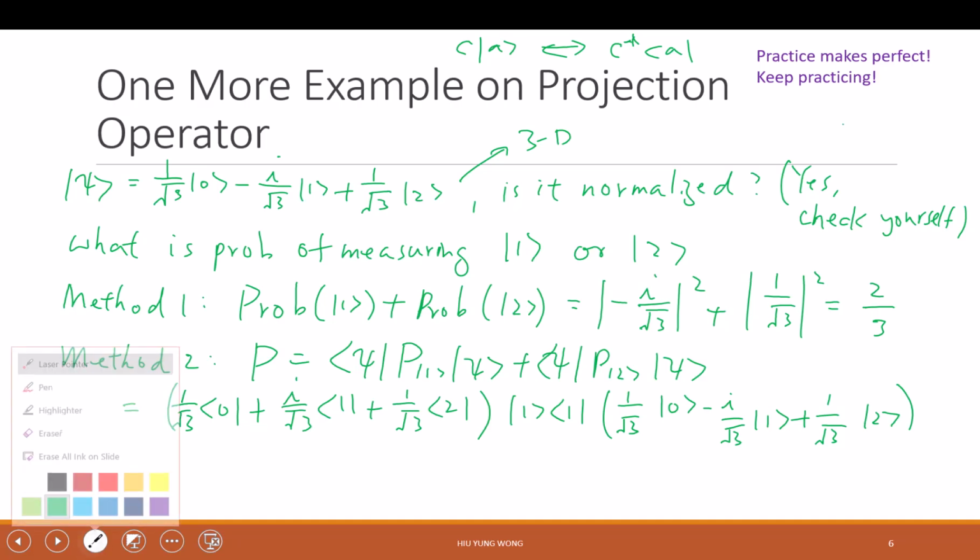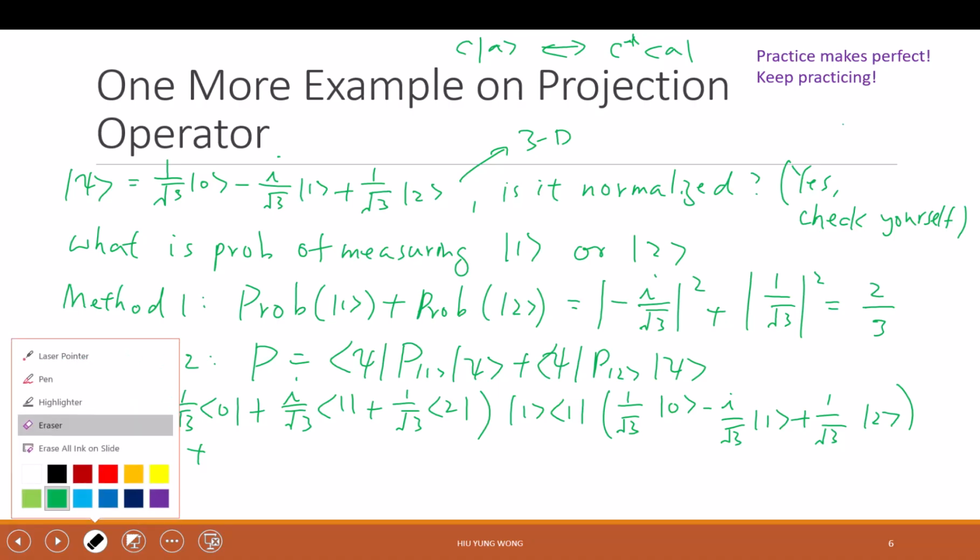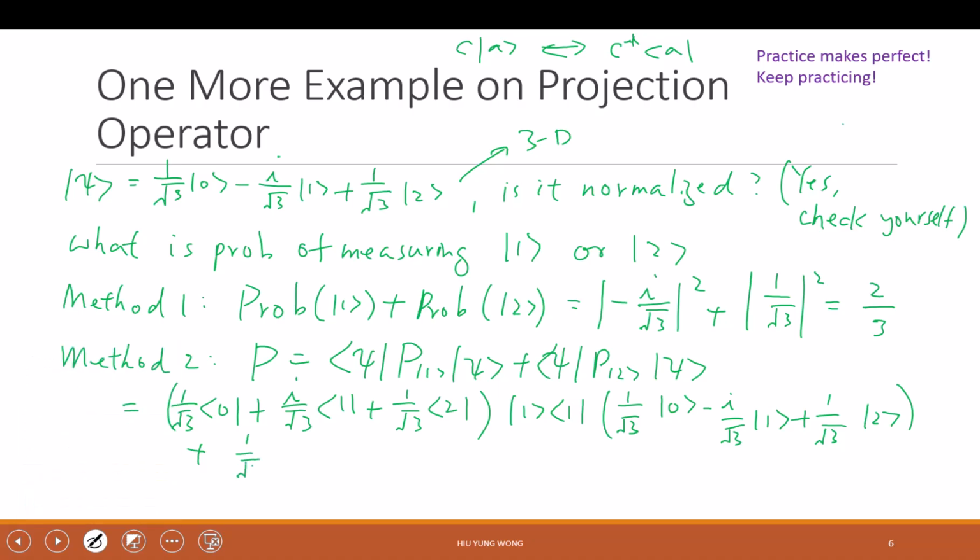Okay? So similarly, for the next step, I'm talking about this ket 2. I directly know that this must be just i over square root 3, bra 1, not 1, right? Because we're talking about 2. 1 over square root 3, bra 2, and then I have this ket 2 for the projection operator, and then the other is 1 over square root 3, ket 2.